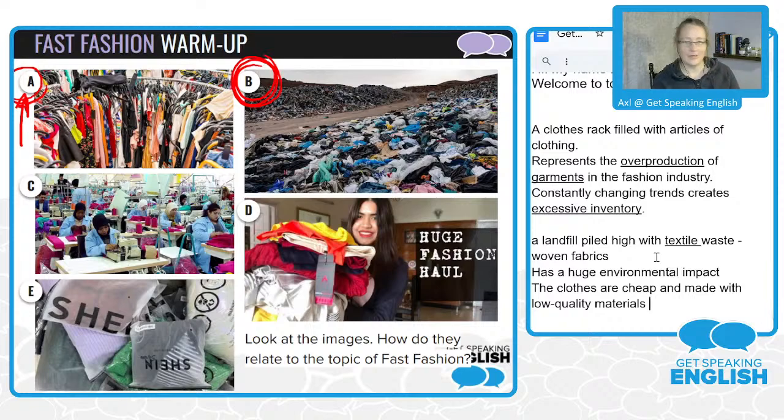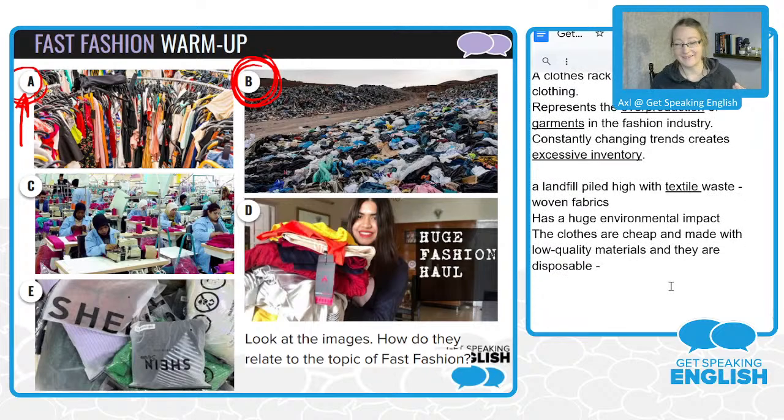And they're disposable. They're not designed to be clothing that will last 10, 20, 50 years. Once upon a time, things were made a lot sturdier with better quality materials. Nowadays, everything is created so it can be worn a few times and then you would throw it away, right?